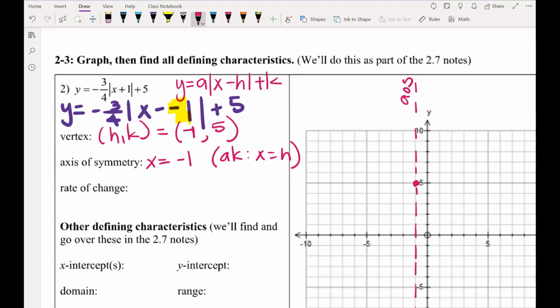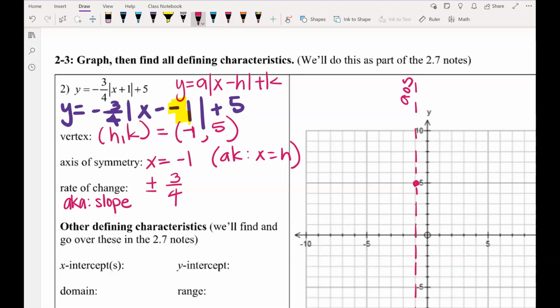The slope, AKA slope. And we would have plus and minus what? Not 1 anymore. 3/4. What's in the front? Negative 3/4. So it's plus and minus 3/4.